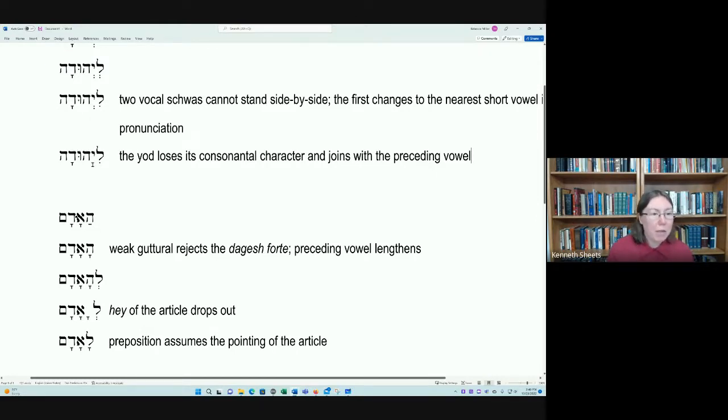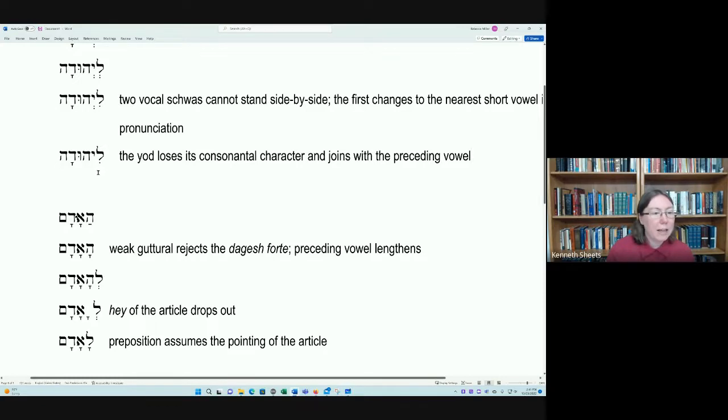The yod here, because it can also form a long I, that is the hireq yod, will lose its consonantal character and join together with the hireq to form the hireq yod.